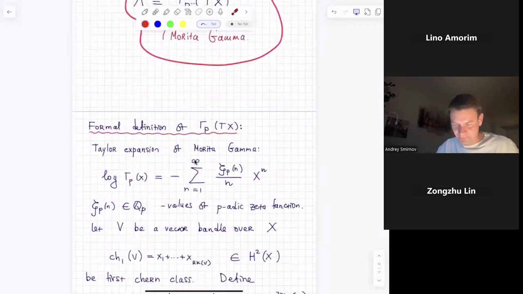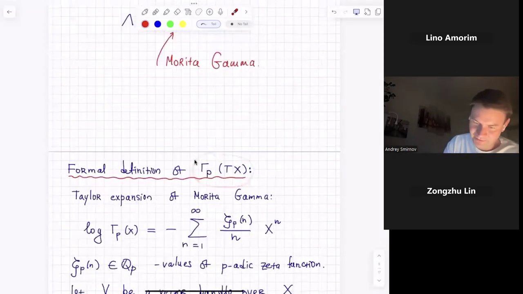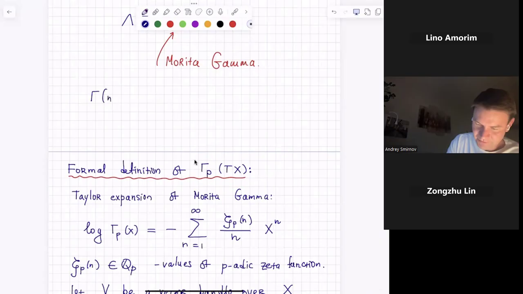Well, it is known that this Morita gamma function, so maybe I should give you a definition of this Morita gamma function. It's defined on integers by the formula. It's a product over all i running from 1 to n such that p doesn't divide i.